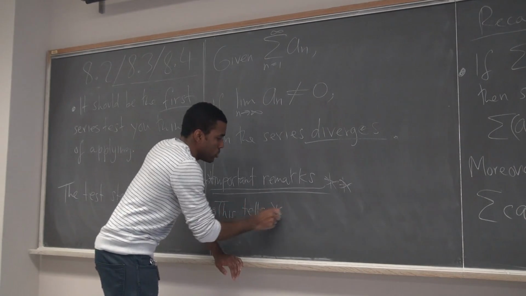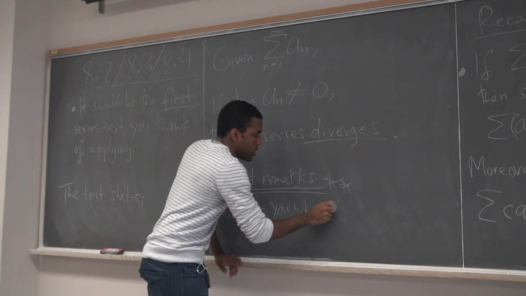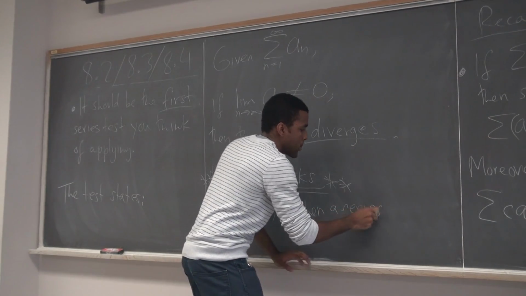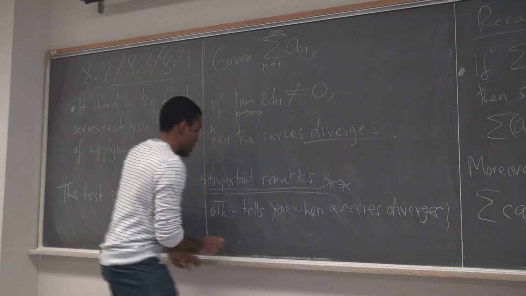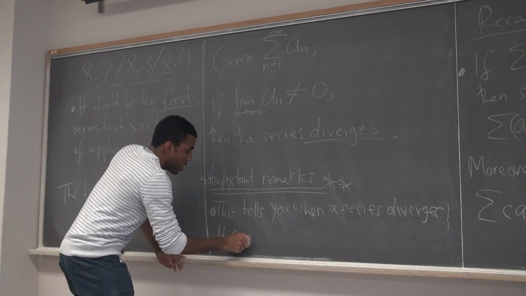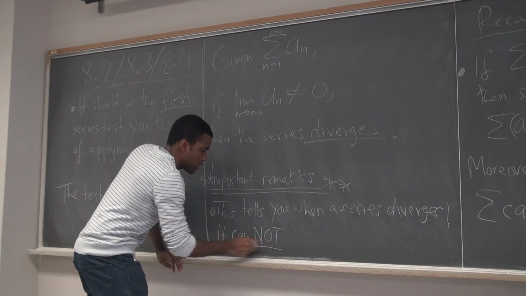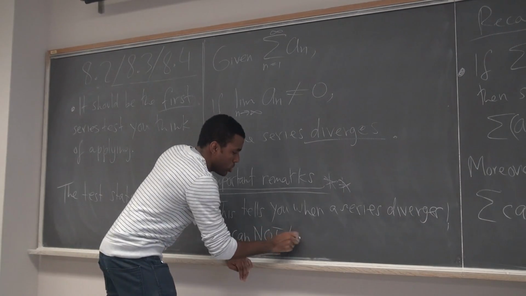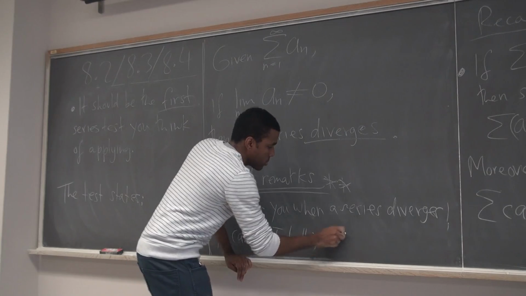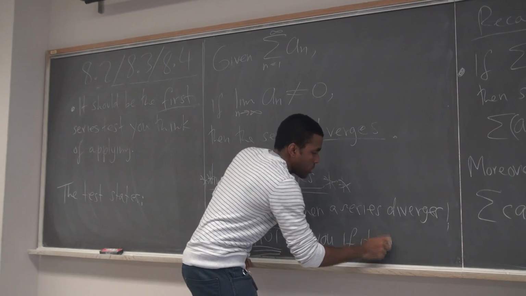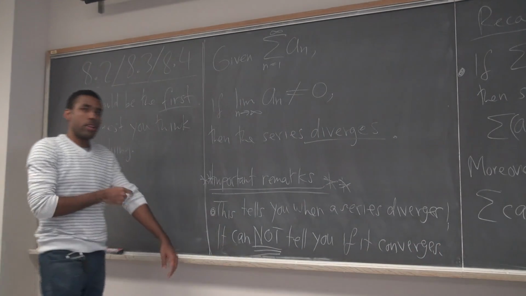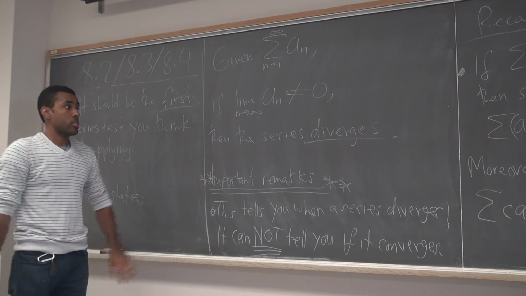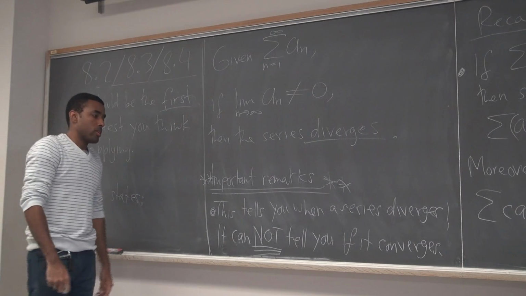This test tells you when a series diverges. It cannot tell you if it converges. That's a very important thing you have to note about this test. The converse is not true.